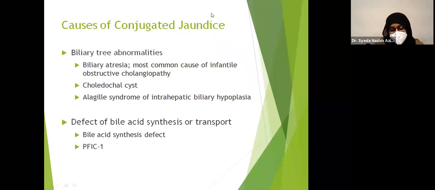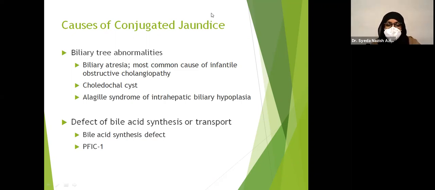Anytime we have anatomical abnormalities in the biliary tree, we can see conjugated jaundice. The most common cause of these biliary tree anomalies is biliary atresia, where the biliary tracts are malformed, leading to impaired excretion of the conjugated bilirubin into the intestine and thereby causing jaundice.